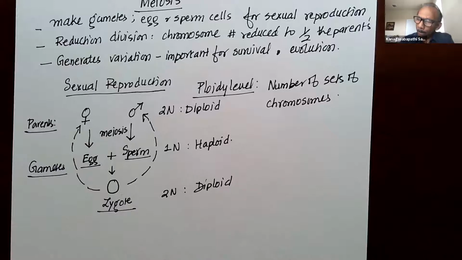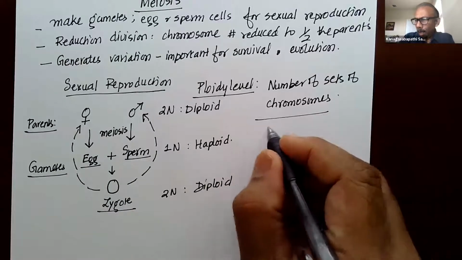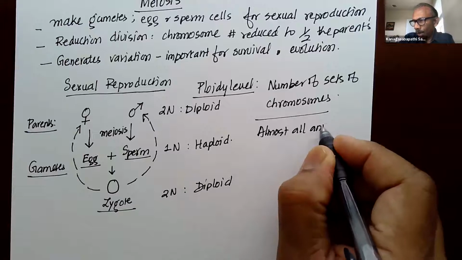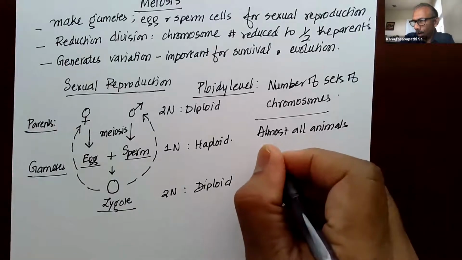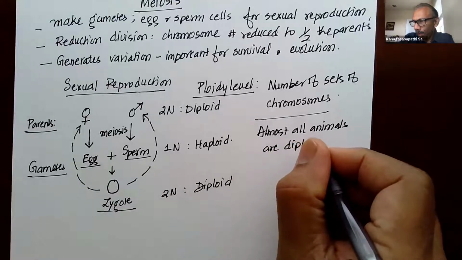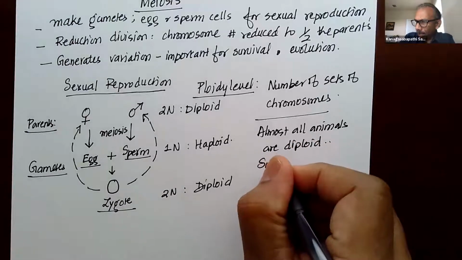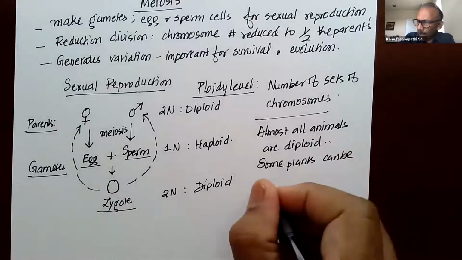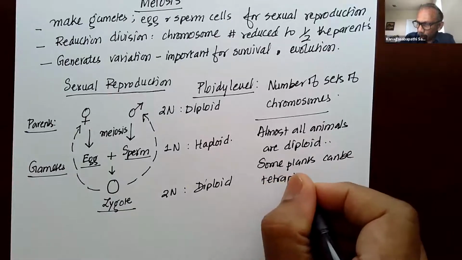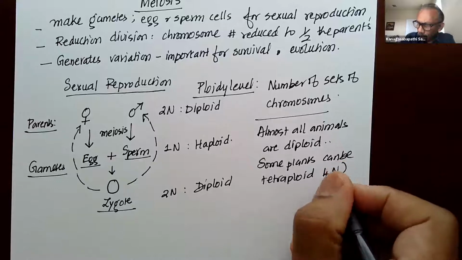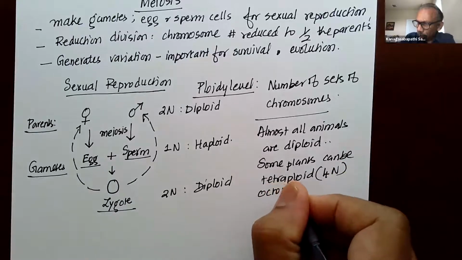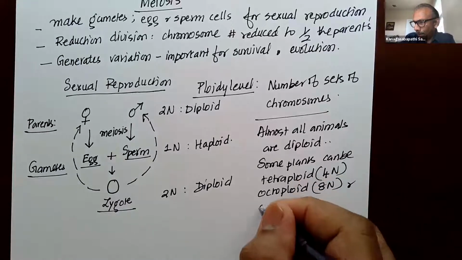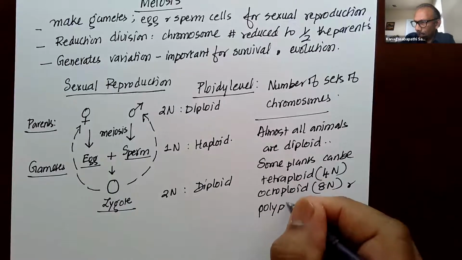Almost all animals, except one rodent in Latin America, are diploid, and some plants like cotton can be tetraploid, with 4 sets of chromosomes. Sugarcane is octaploid, 8N, and some are polyploid, meaning many N's.